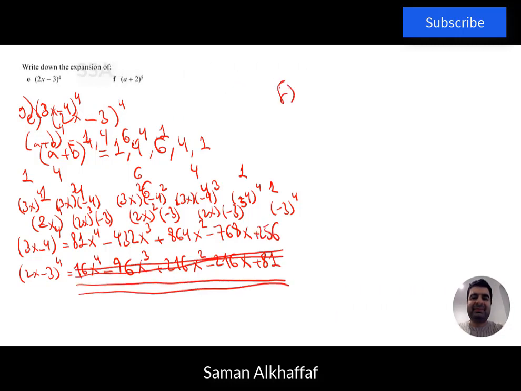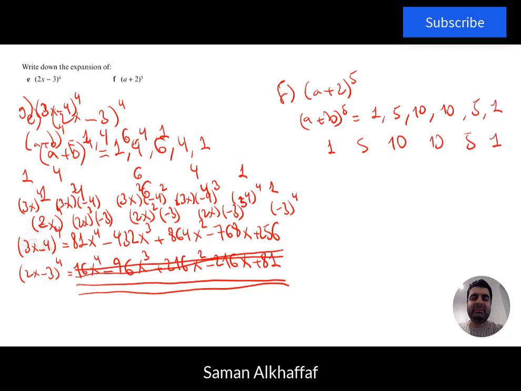For part F, we have the expression (a + 2) to the power 5. So the coefficients in this scenario, for (a + b) to the power 5, will be 1, 5, 10, 10, 5, and 1. So for the 1, we will have a to the power 5.